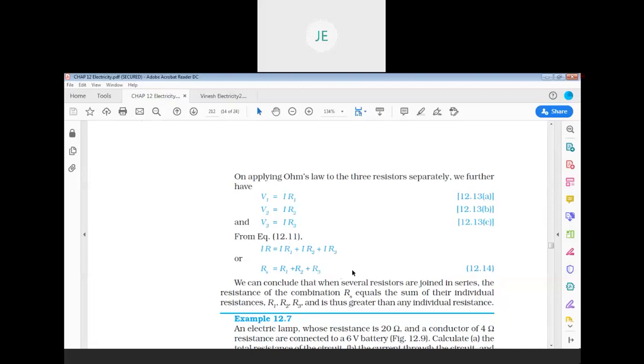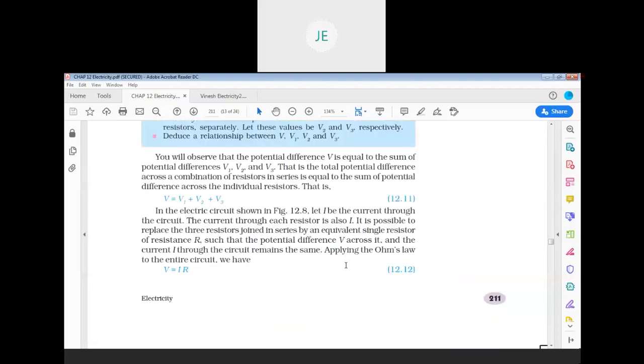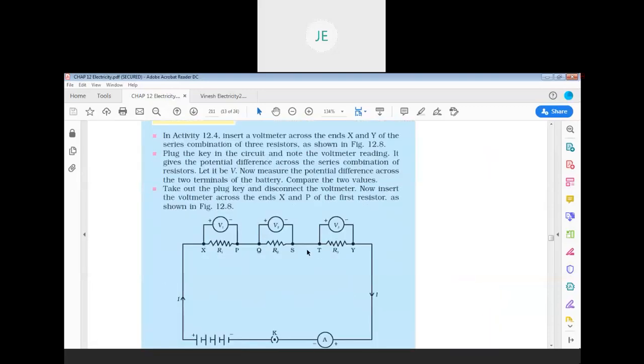So in the case of series connection, if R1, R2, R3 are n number of resistors, it can be not only 3, it can be 2, it can be 4, it can be n. Then the resultant resistance value R is equal to R1 plus R2 plus R3 and so on.